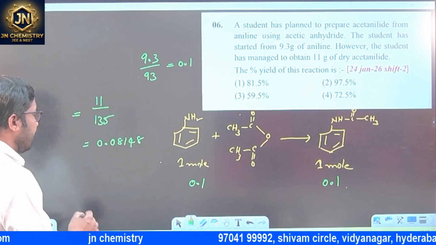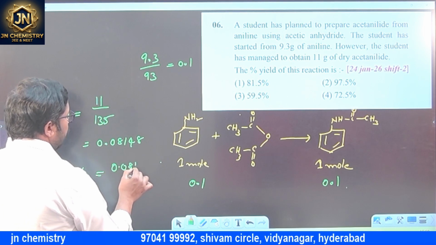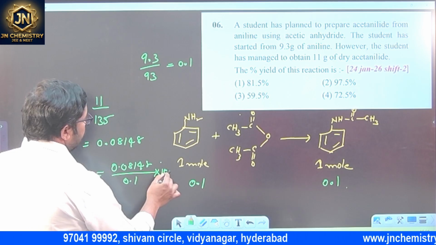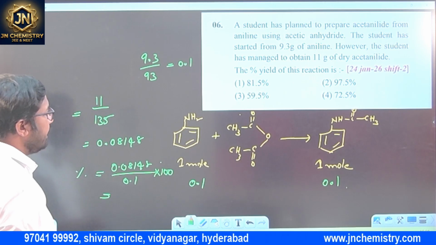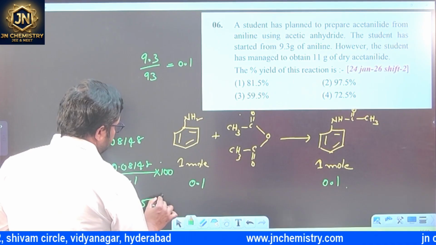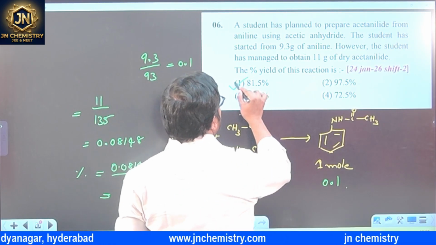So the percentage of yield is equal to 0.08148 by 0.1 into 100. If you calculate, we'll get 81.5%. Only 81.5% of yield we will get.